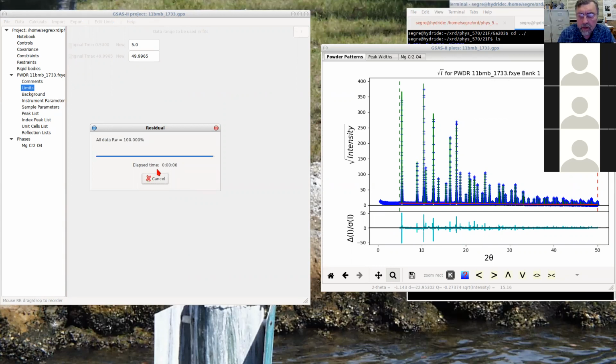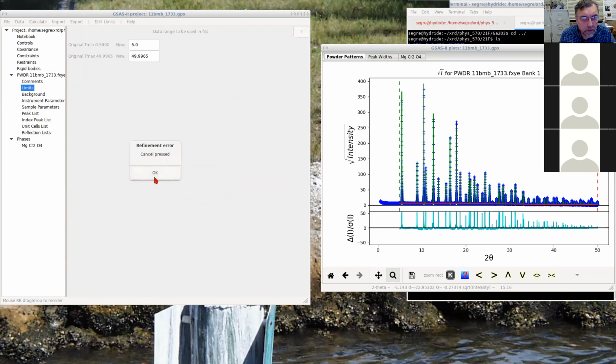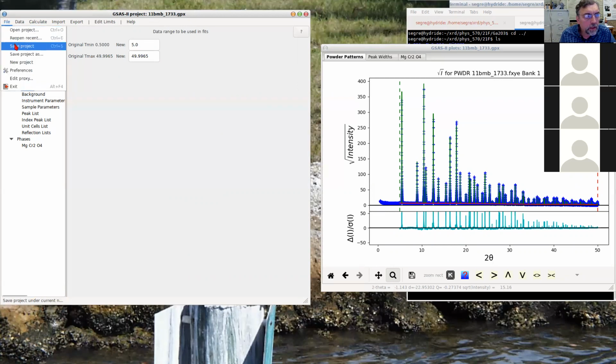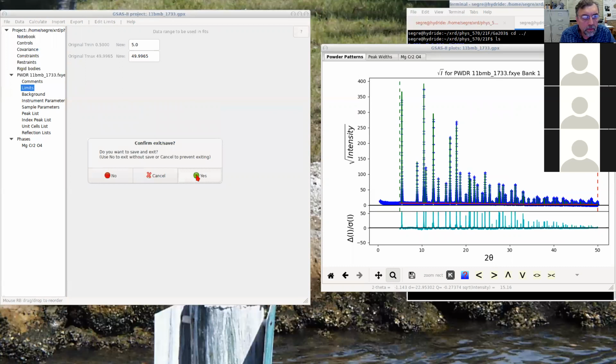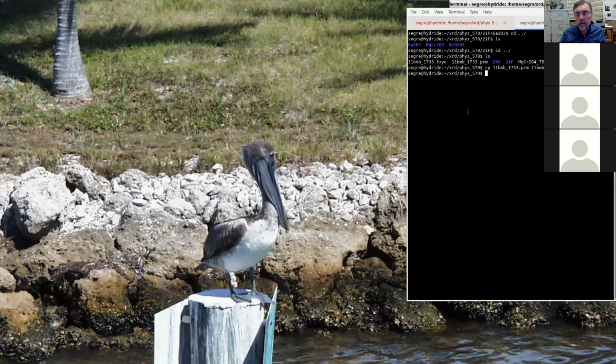Now there's something wrong here. I just loaded the newest version of the code, so there might be something funky with the code. I'm going to stop this for a moment and save the project and then close the program and then open the program again.